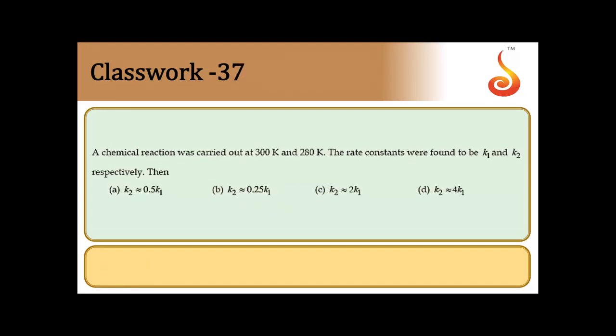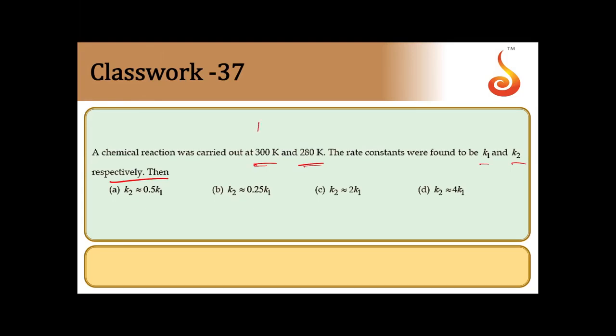Next one, 37th one. A chemical reaction was carried out at 300 Kelvin and 280 Kelvin. Rate constants were found to be K1 and K2 respectively. Then the order of K1, K2. So reaction is carried out at 300 and 280. Higher temperature, value of K is always going to be higher value.